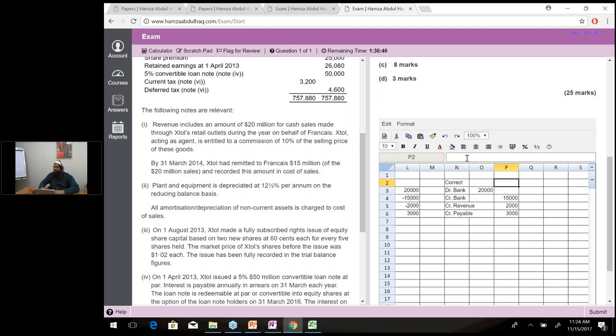This is the correct entry that should have been recorded, but the incorrect entry recorded by the question is actually bank debit, revenue credit by 20,000, and then the other entry recorded by the question is cost of sales debit, bank credit by 15,000.